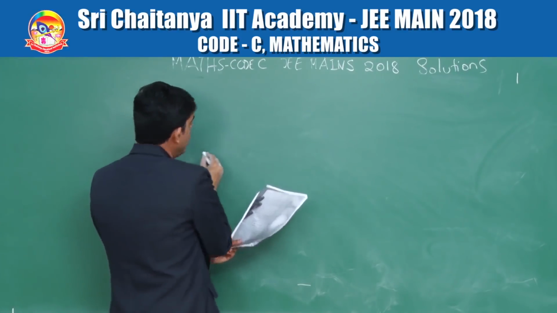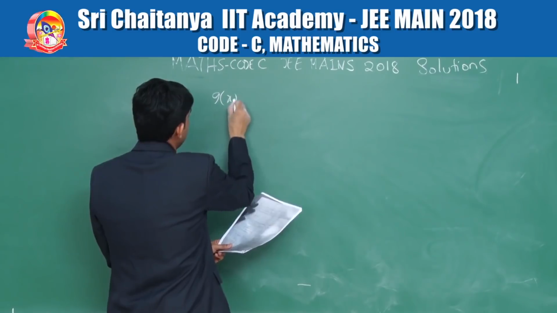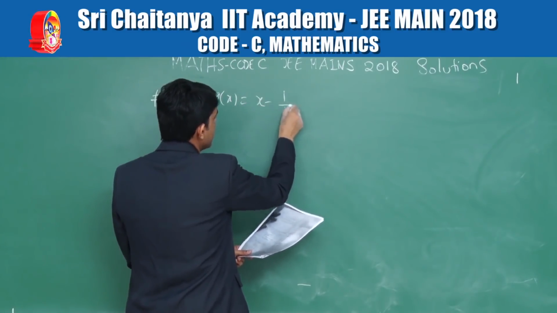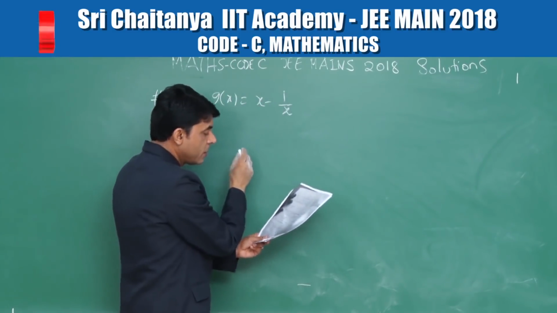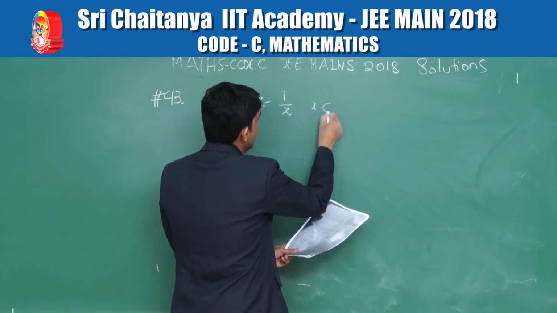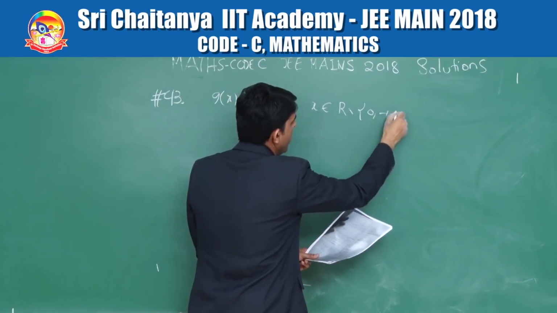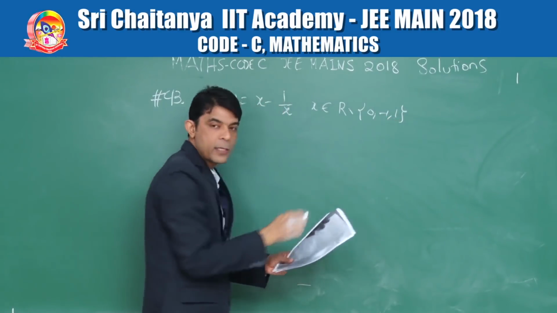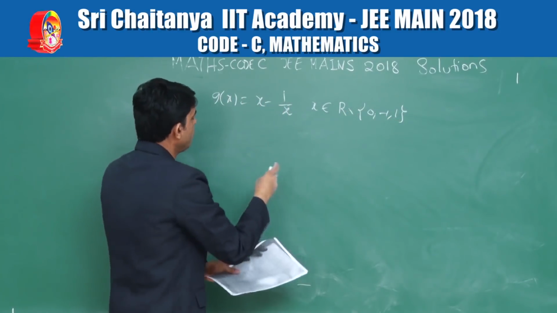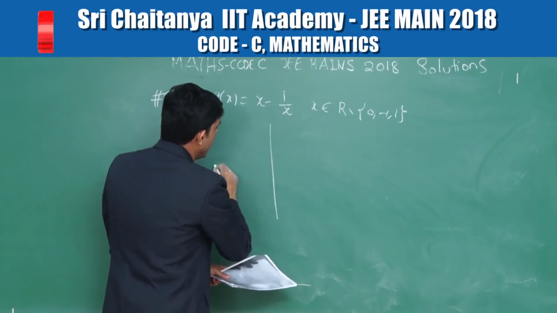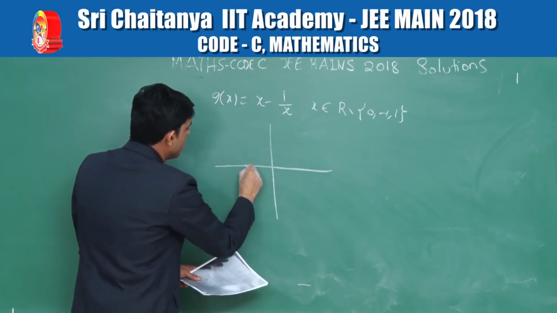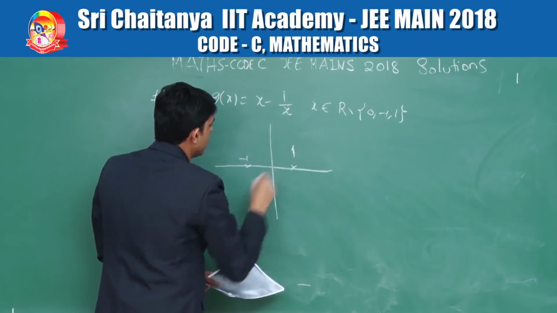Let's plot the graph of g of x is x minus 1 over x. Of course, they have excluded that x is an element of R minus 0, minus 1 and 1. These 3 points are not wanted. So the graph will look like this: this is minus 1, this is plus 1.